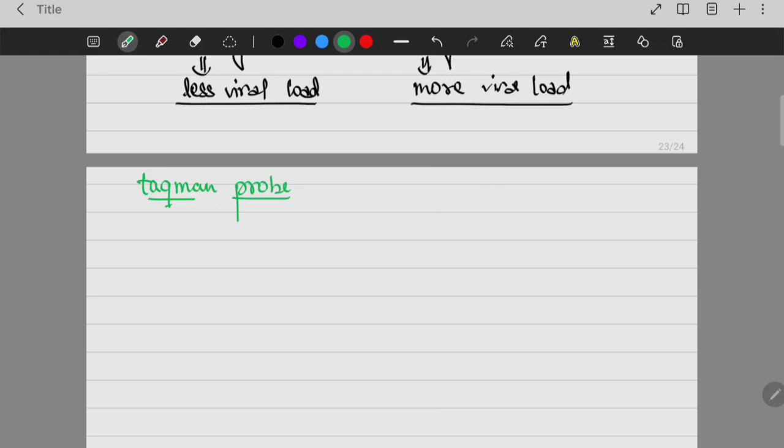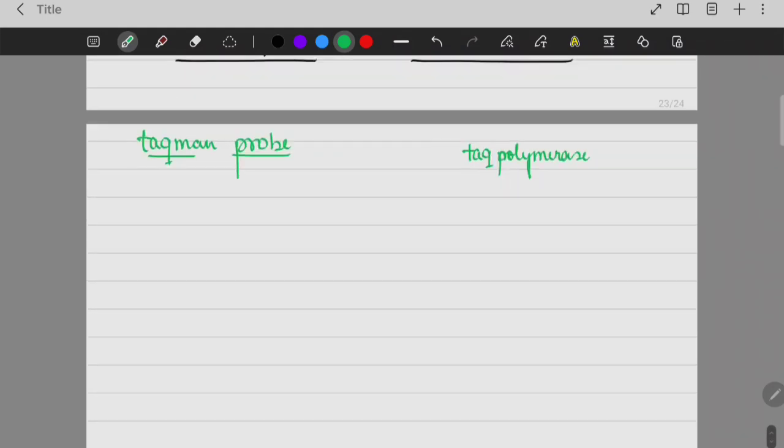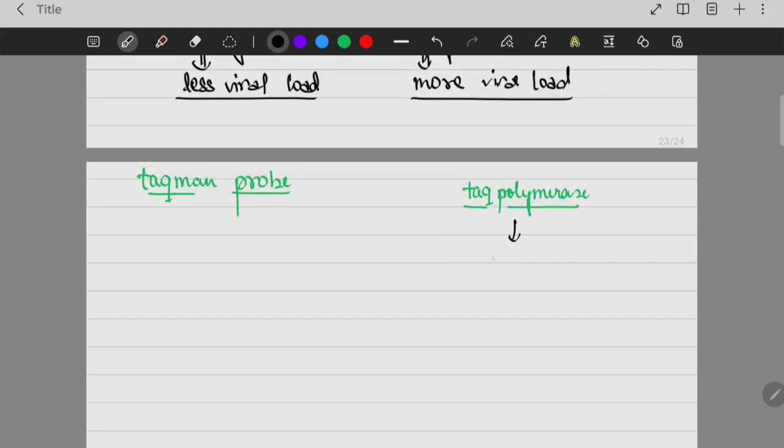I have missed one part. I should write here the Taq polymerase. This polymerase is obtained from Thermus aquaticus. This organism is present in high temperature water, in hot springs, and its polymerase enzyme does not degrade at high temperature.